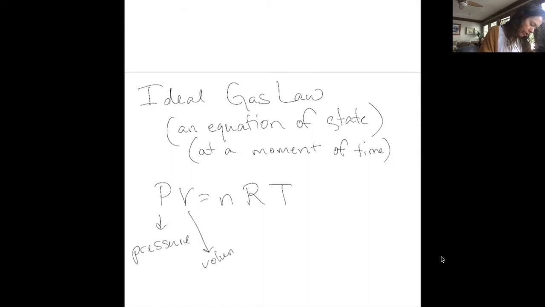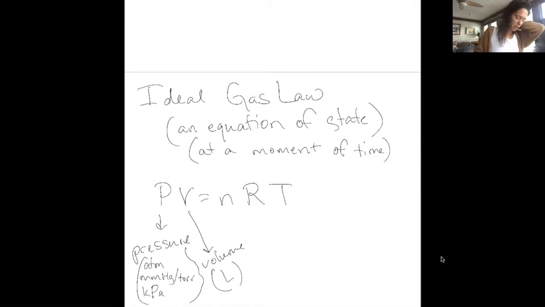In order to use this equation, my volume must be in liters. All right? Now, pressure can be atmospheres, it can be millimeters mercury, which is the same as torr. It can be kPa. Volume is in liters.